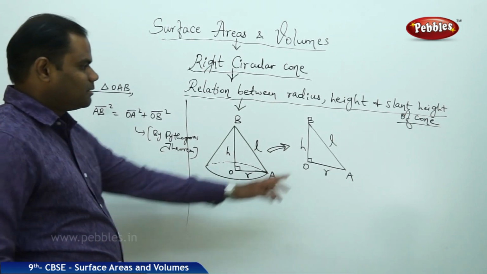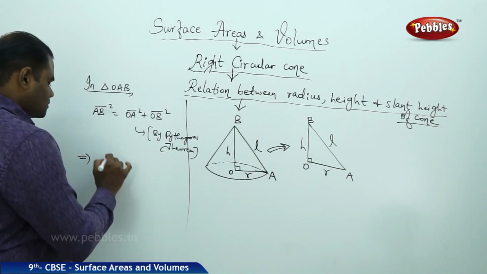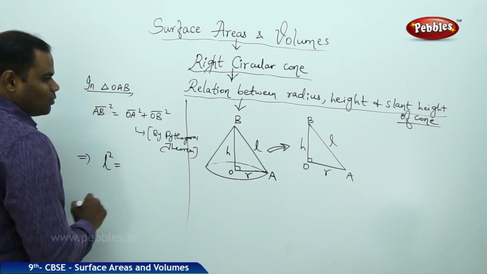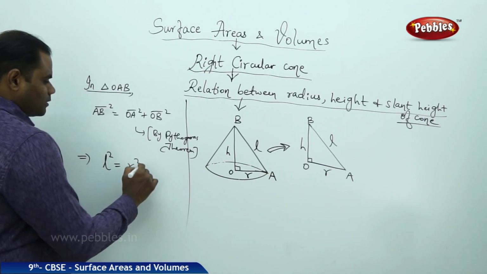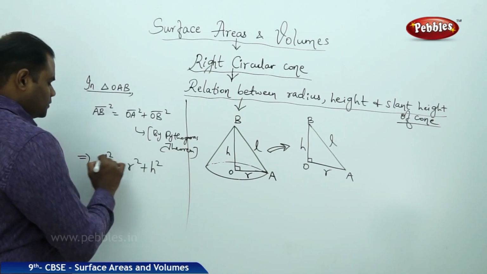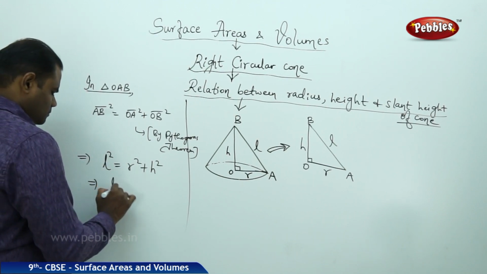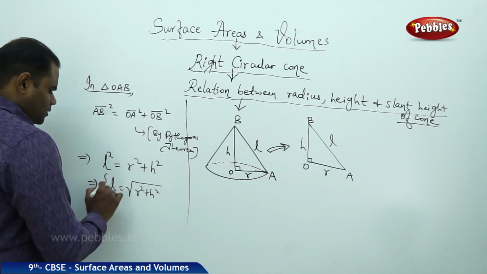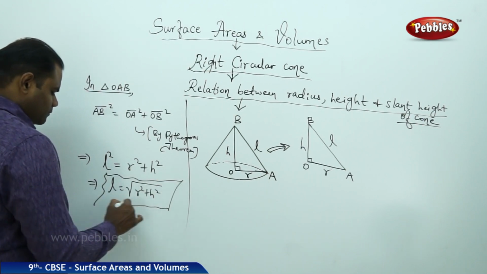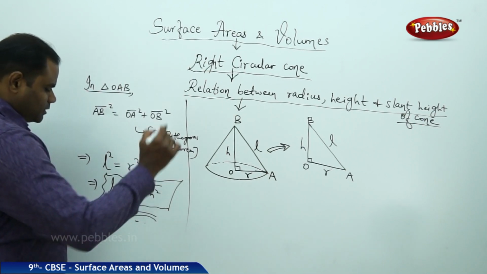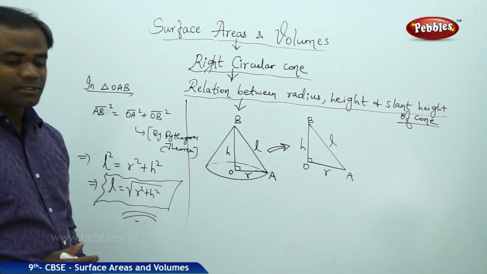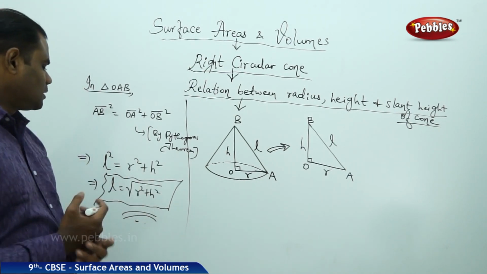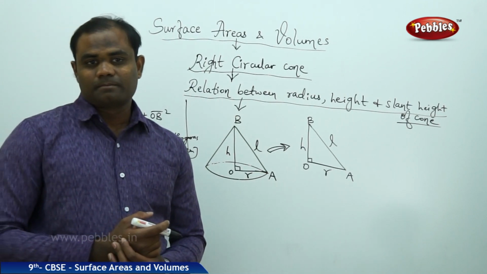That implies AB, which is L, gives L squared equals OA, which is R squared, plus OB, which is H squared. So here, the relation between L, R and H is L is root R squared plus H squared, or L squared is R squared plus H squared.